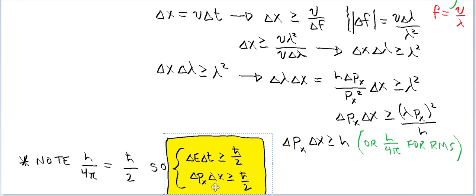So you cannot perfectly know position and momentum simultaneously. Additionally, in any experiment where you try and measure the energy of a system at a specific time, the uncertainty in the energy of the system multiplied by the uncertainty in the time when you took it is always going to exceed h bar over 2.